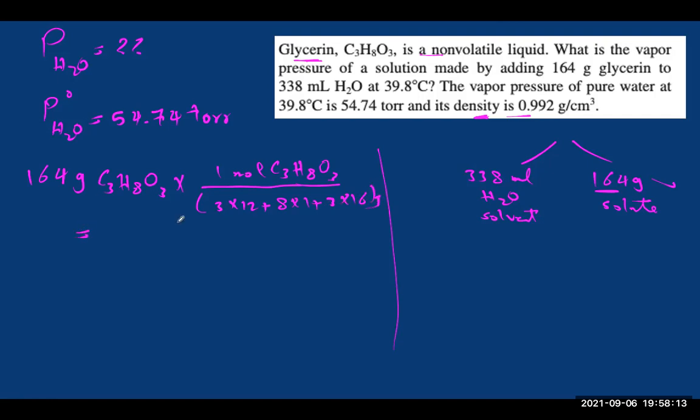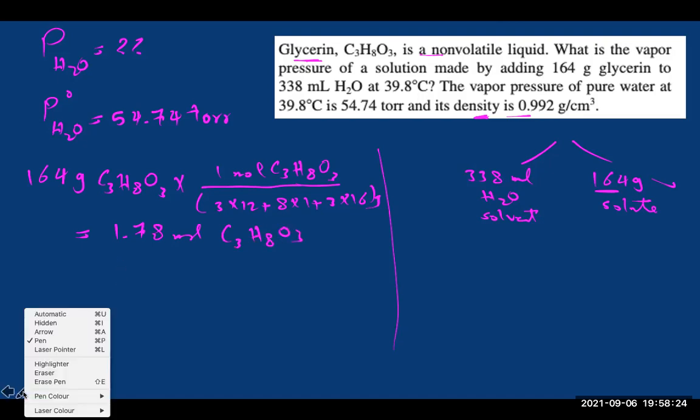So the number of moles will be equal to 1.78 moles of C3H8O3.